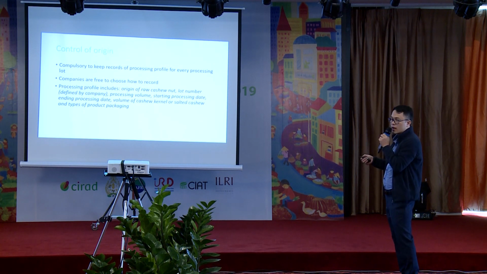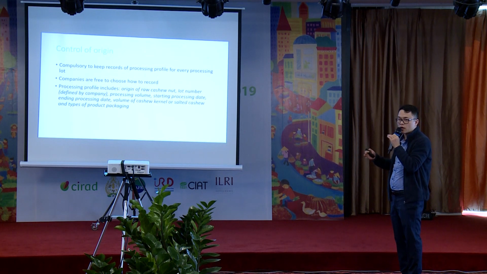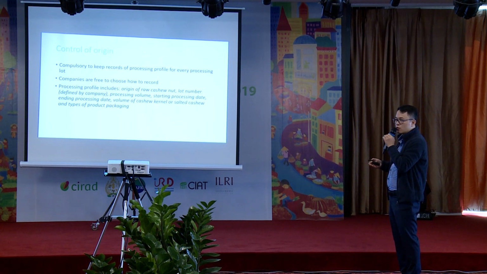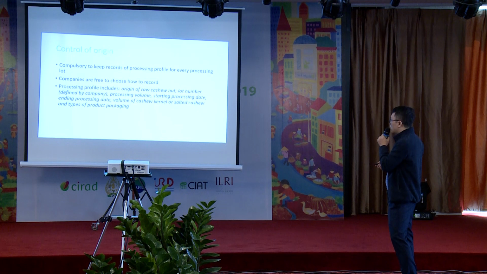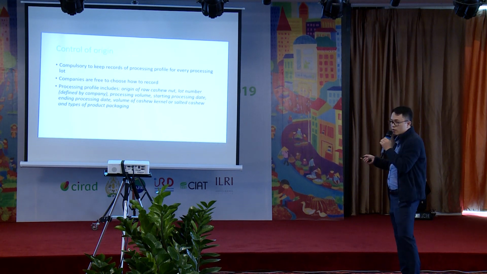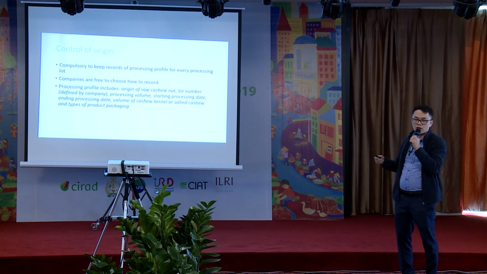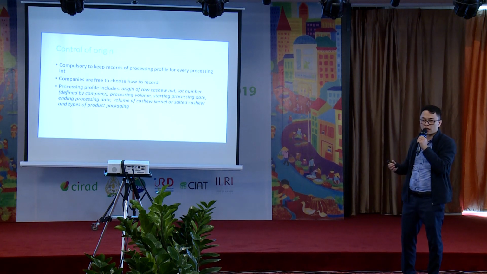So the volume and the packaging, they have to record the information for the processing lot. So all information will be combined together for the control team to go and check.